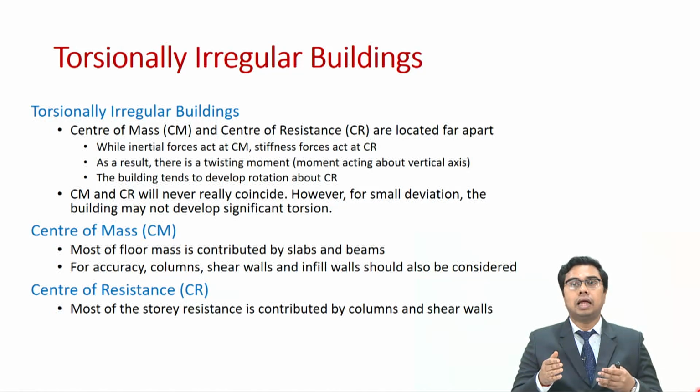For accurate calculation, we need to also consider the mass of columns, shear walls and infill walls. But when it comes to center of resistance, since the resistance in any building is generated by lateral load resisting systems, that is columns and shear walls mostly, the center of resistance will be determined based on columns and shear walls only. We will see this through an example problem.